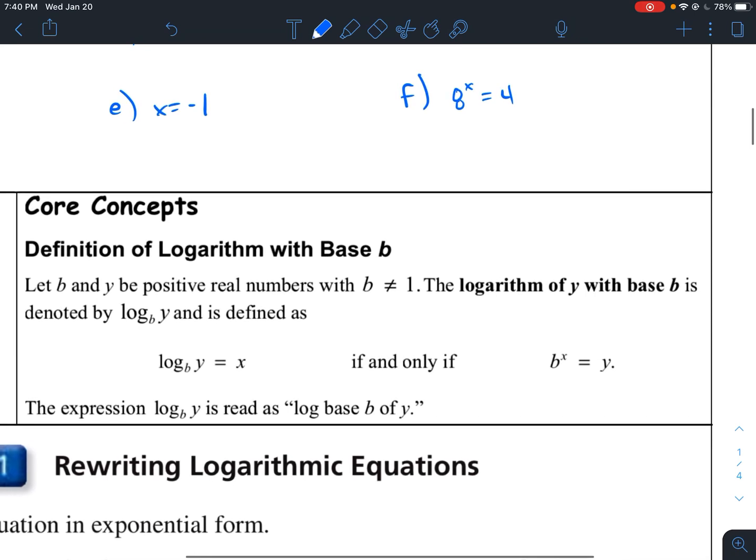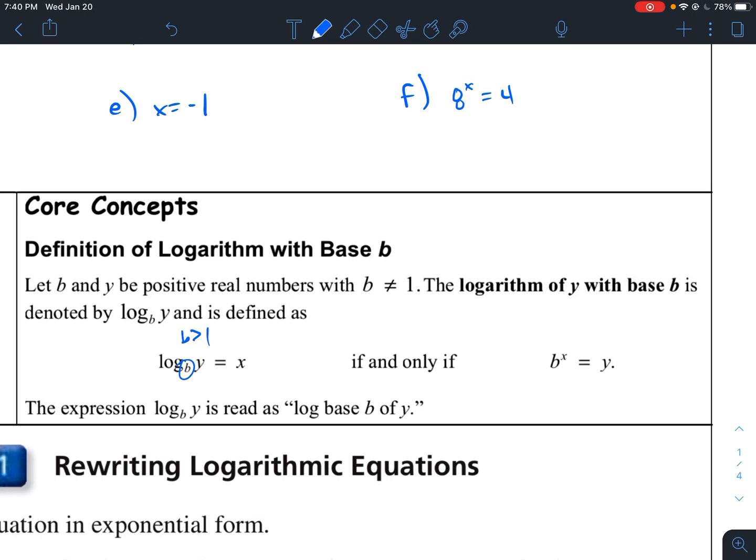So here is a logarithm. Log base b of y is equal to x. So let b and y be positive real numbers. So they have to be positive, they can't be negative, and they have to be real, not imaginary. And b cannot be equal to 1. So b has to be greater than 1.